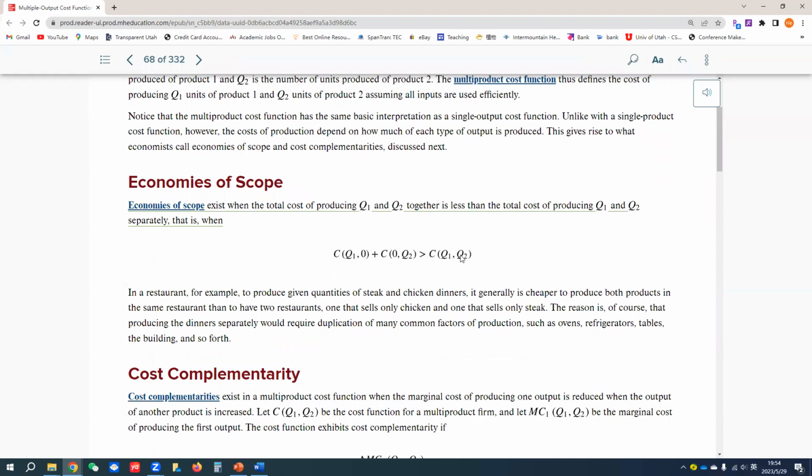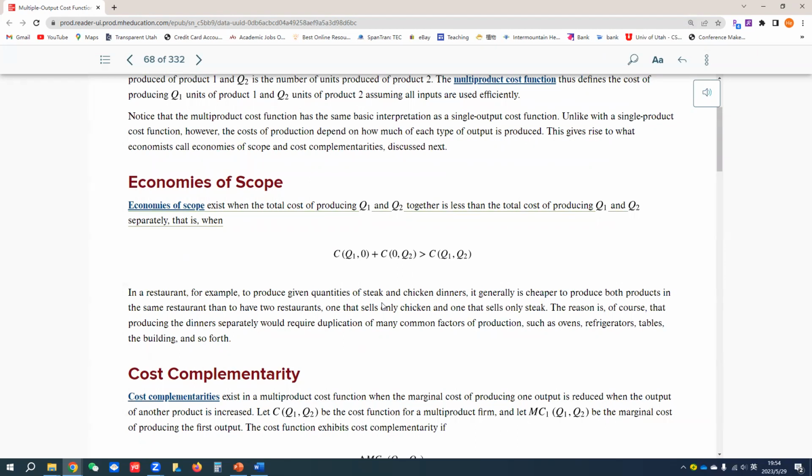Why is that? Here is a good example underneath, which is a restaurant. Say steak dinners and chicken dinners, those are two different types of products. Steak dinner is Q1, type 1, and chicken dinner is type 2.